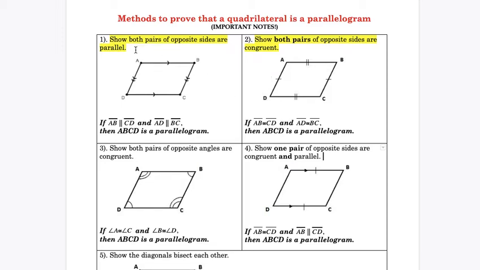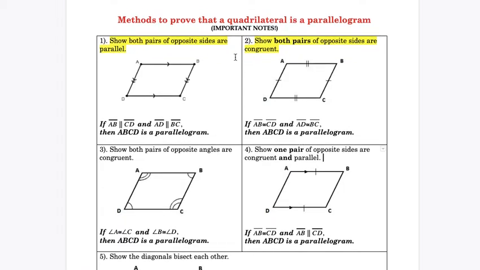The first one says we need to show both pairs of opposite sides are parallel. So this is actually the definition of the parallelogram. Since both pairs are parallel, we need to prove 2 pairs. So AB parallel to CD, then AD parallel to BC, 2 pairs.